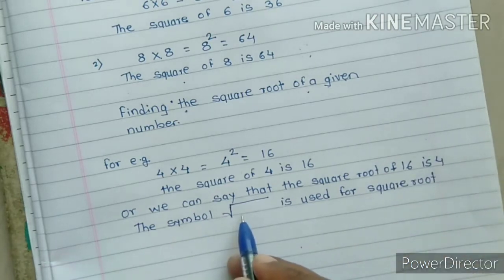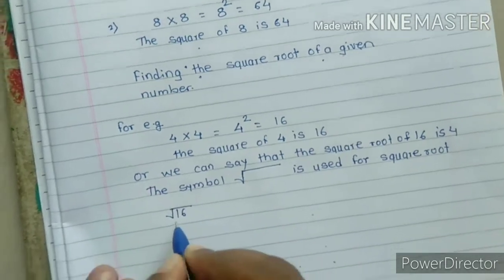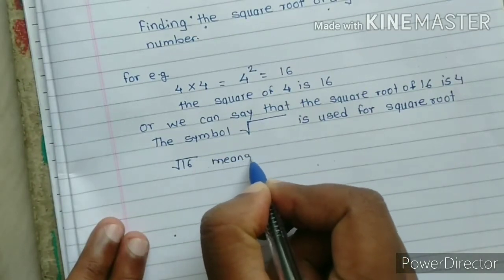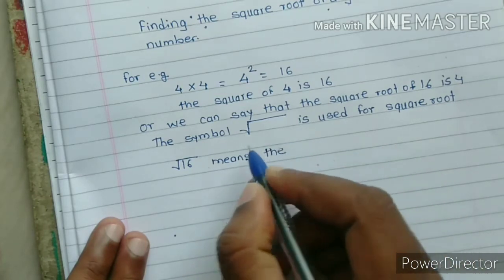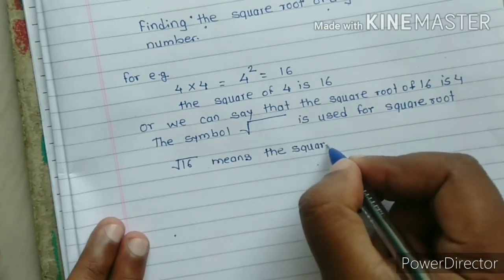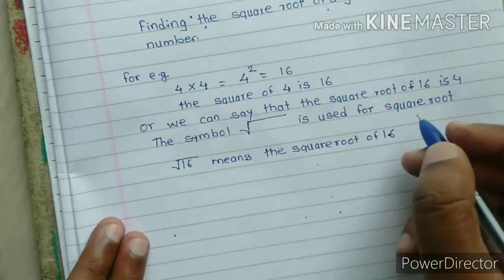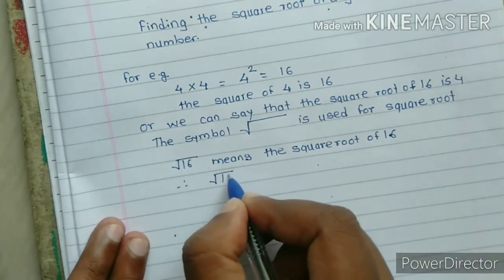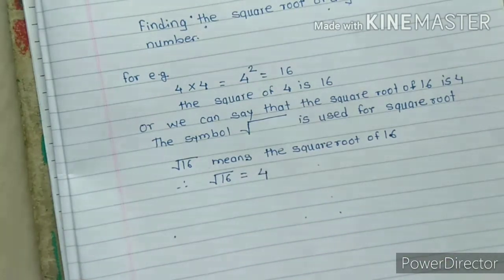This symbol is used for square root. How to read? The square root of 16. Therefore, the square root of 16 is equal to 4.